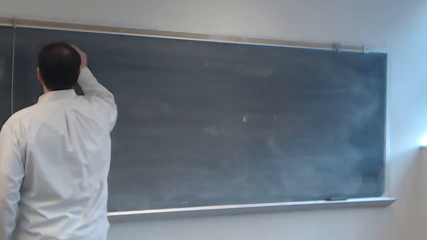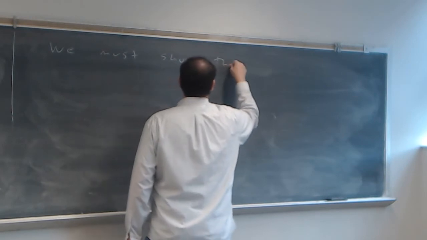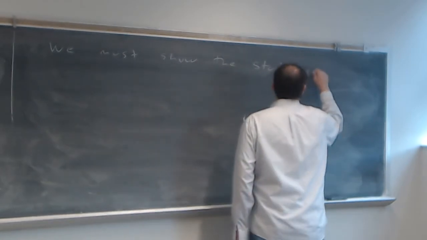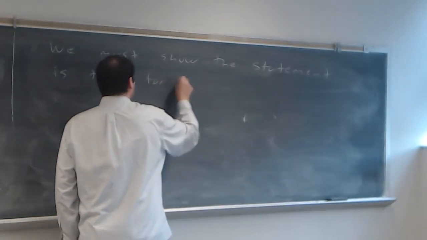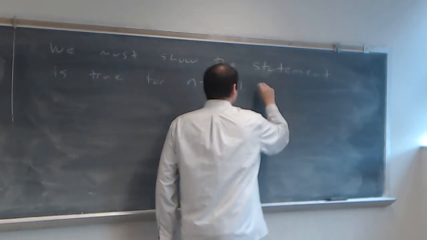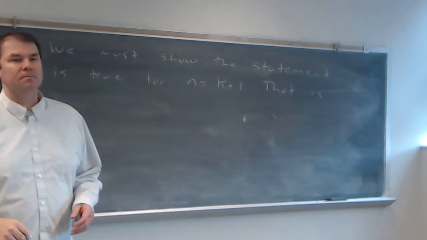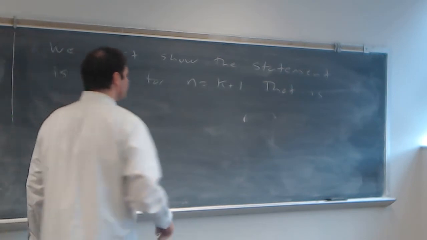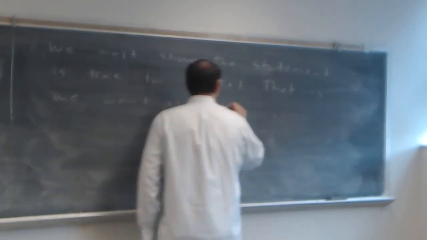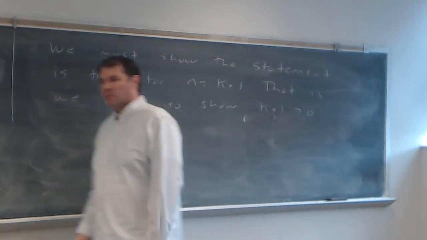We must show the statement is true for n equal to k plus 1. That is, I'm being very careful on what I write here. I'm being very formal. Maybe slower than what I would normally be, but we'll start this course. That is, we want to show k plus 1 is greater than 0. And here's the way I'm going to do it.